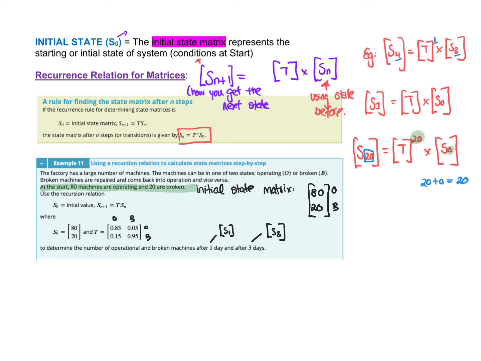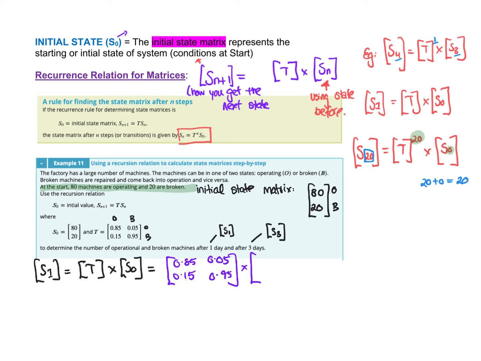Okay, so I'm going to calculate. If I want to find S1, knowing the rule, I can do the transition times the one before, which will give me the next one. So I could do transition times S0. Into the calculator, I'm going to type in this transition matrix, and then times it by the one before, which was S0 to begin with, which is 80, 20.